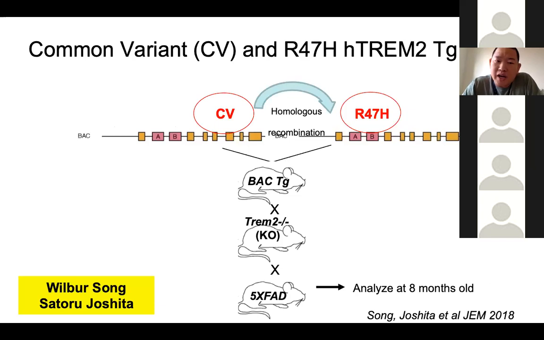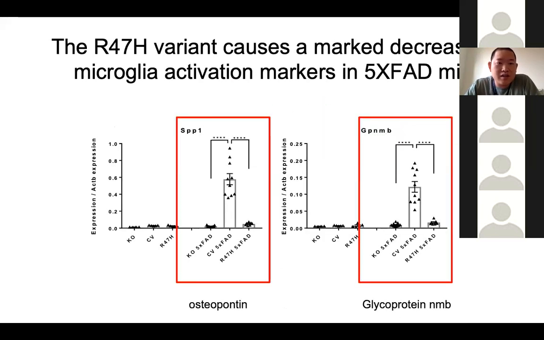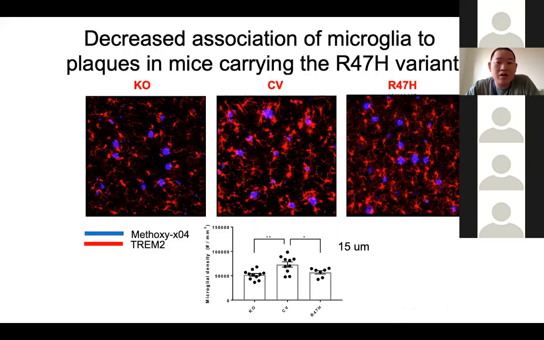In this project, I used human TREM2 common variant, short for CV, and mutated R47H transgenic mice crossed with 5XFAD mice. For this mouse model, we previously showed that the R47H mutation causes a marked decrease in microglia activation markers in 5XFAD mice and impairs microglia clustering around the plaque.